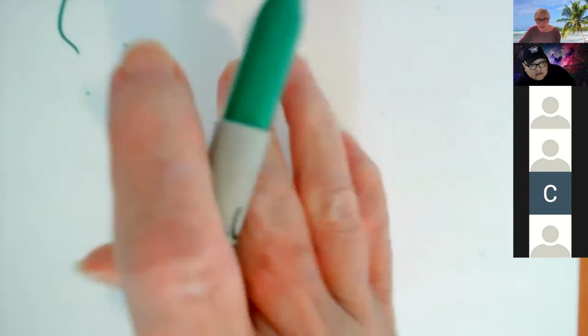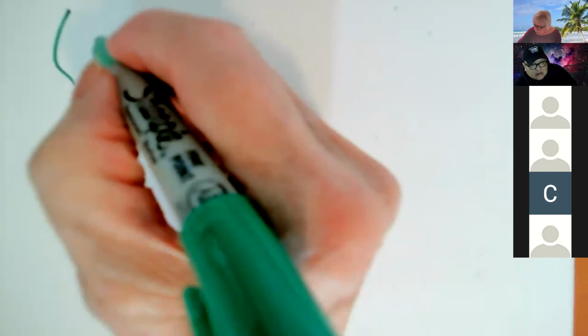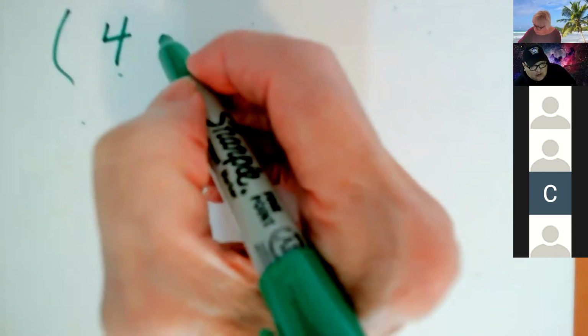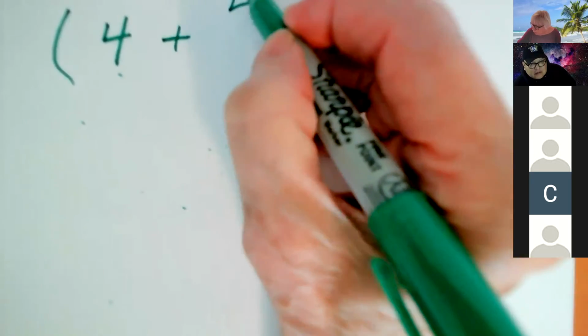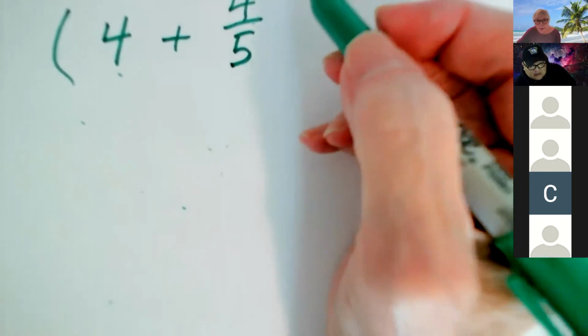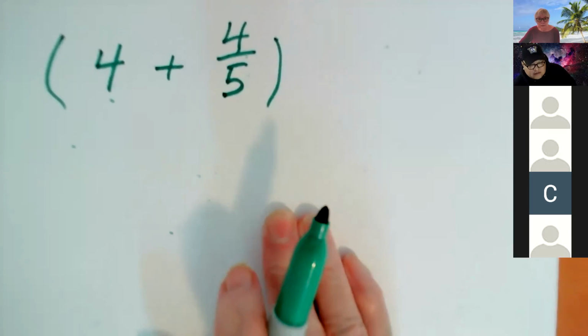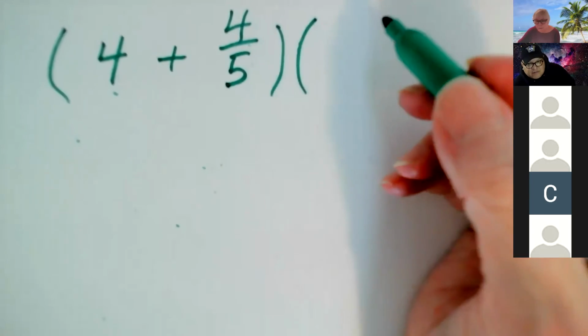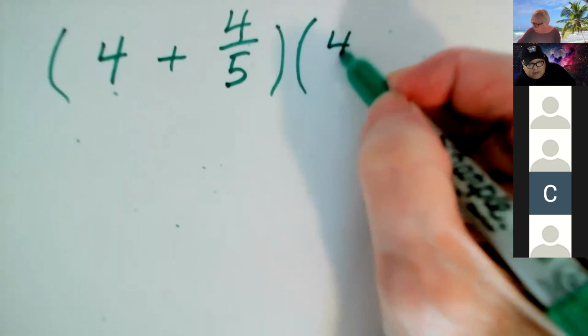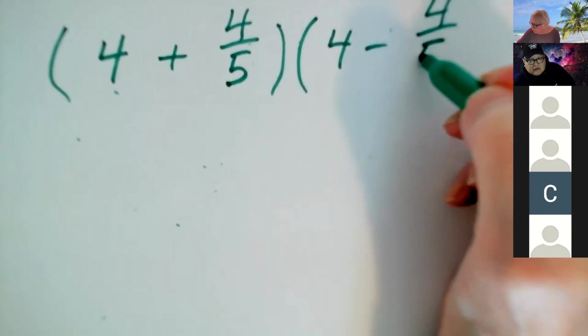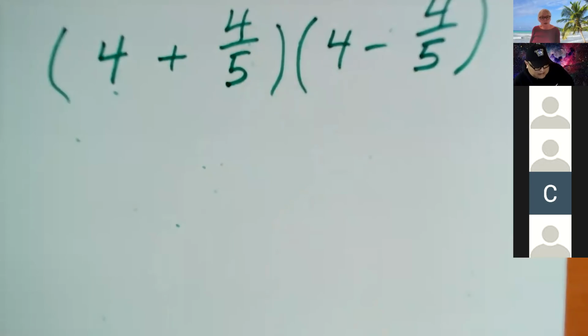Okay, let's start again from the very beginning: parentheses, 4 plus 4/5, parentheses close, parentheses open, 4 minus 4/5. Okay, I got it.